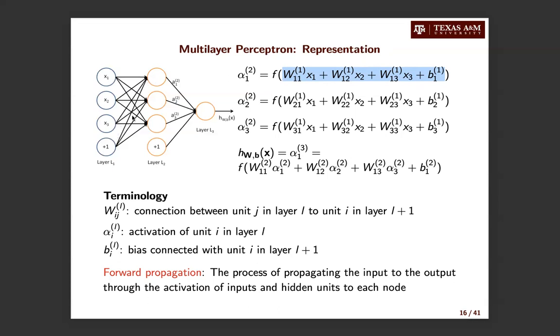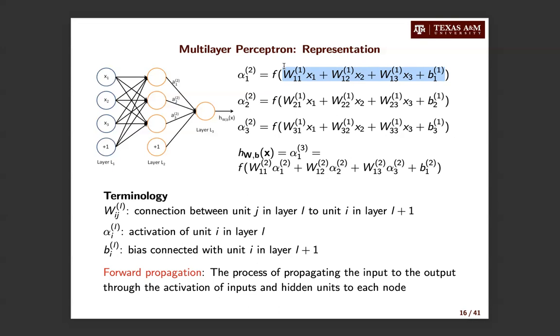Of course, we also have a bias term, because the bias term is also essential in order to account for the range of the input features. And all this combination right now is being passed through a nonlinear activation function, this function f as we call it. So for all practical purposes, for the multi-layer perceptron, we are going to assume that this activation function is represented by a sigmoid function.